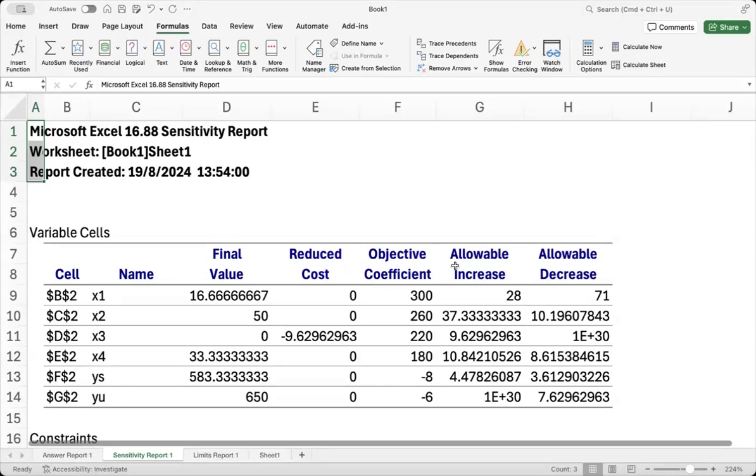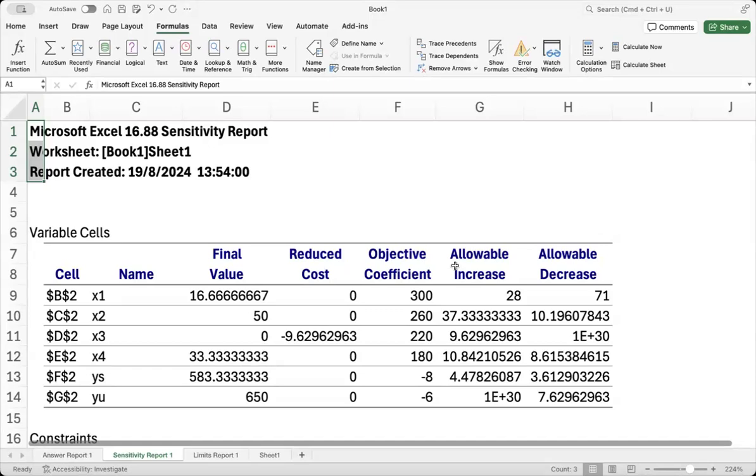Your solution remains at this point. Of course the objective function value changes, but x1 to x4 and also ys, yu remain the same.